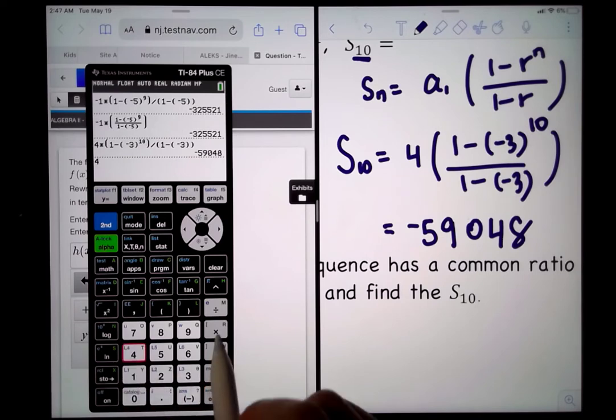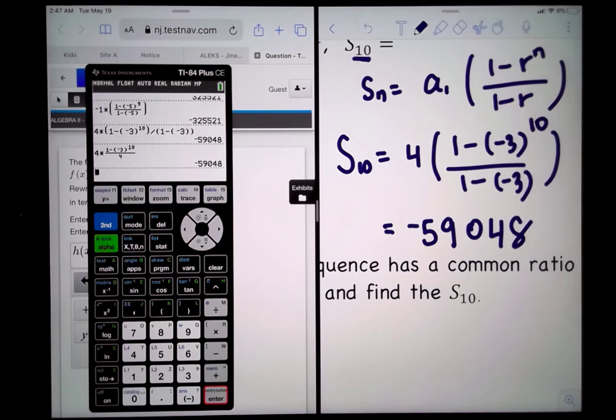And I'm also going to use the fraction. So 4 times fraction 1 minus negative 3 to the 10 power, and you know 1 minus negative 3 is 4, so you can just put 4, make it simple, then you get the same answer, right?